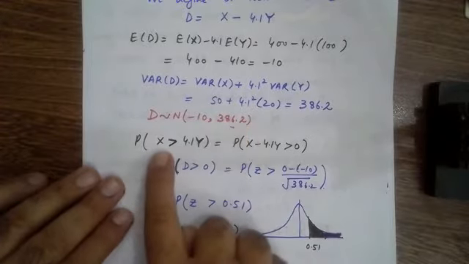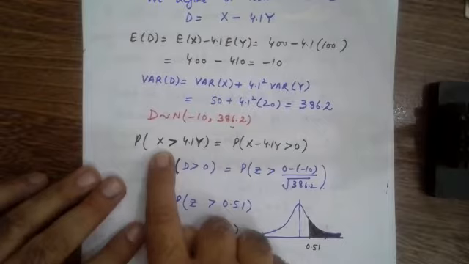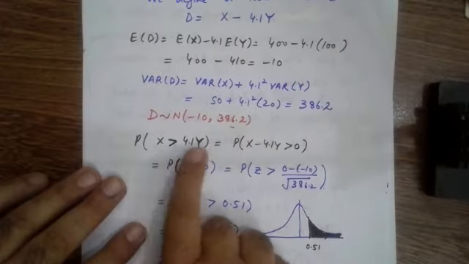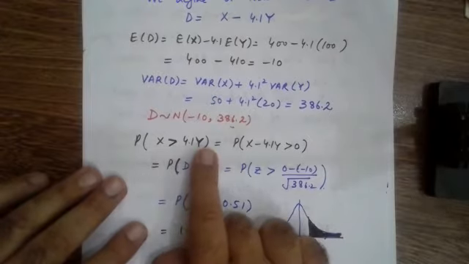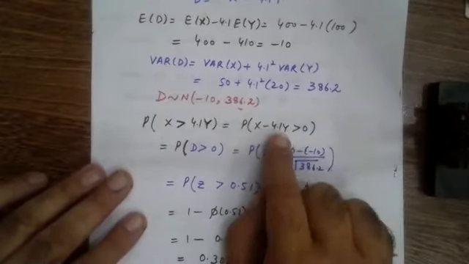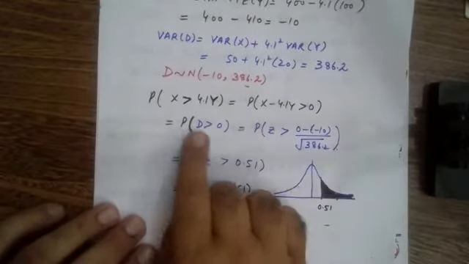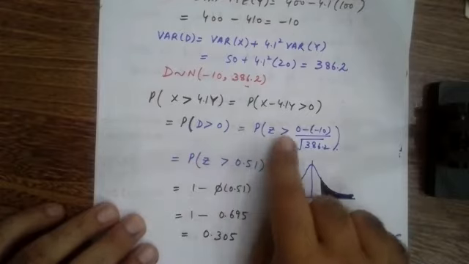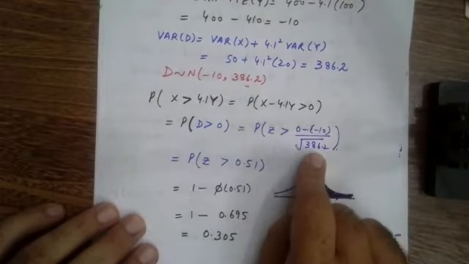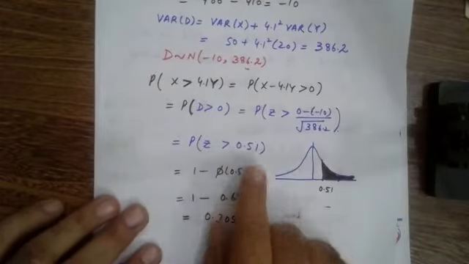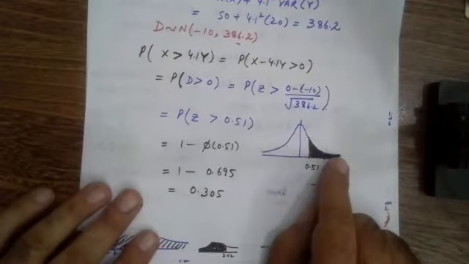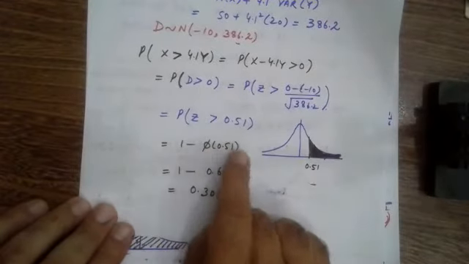We want to calculate the probability that we may hunt up a box which contains flakes which are more than 4.1 times the weight of the fruit, which is equal to x minus 4.1y being bigger than 0, d greater than 0, and then you know z is equal to x minus mu over standard deviation. Z is bigger than 0.51, which is equal to this shaded region, and 1 minus phi of this.